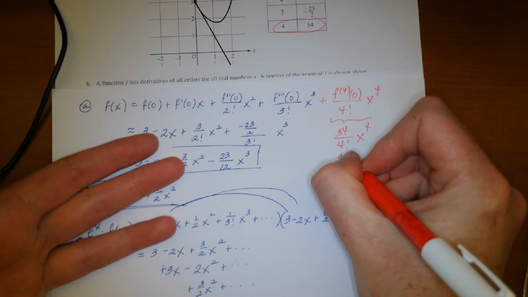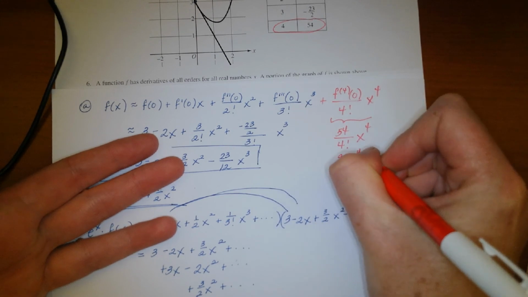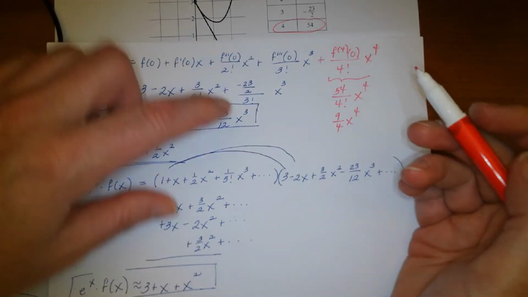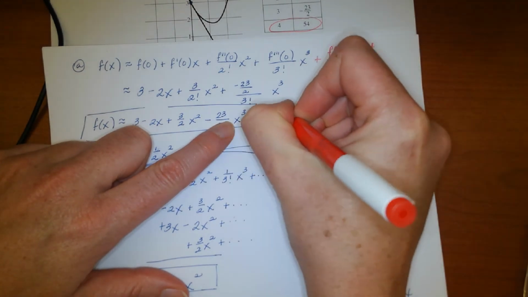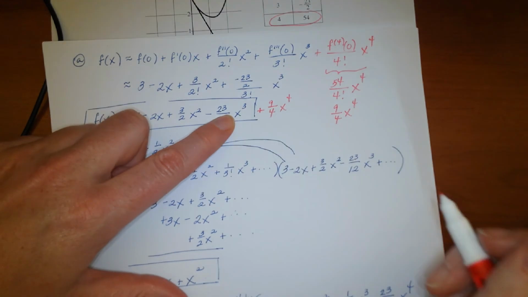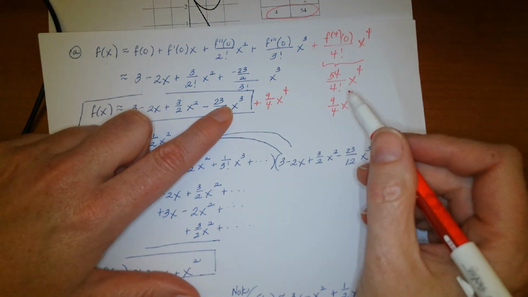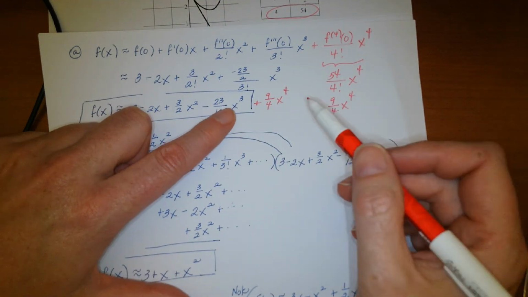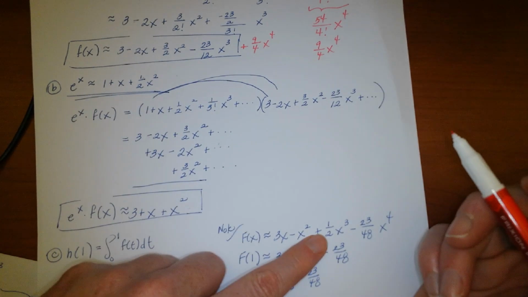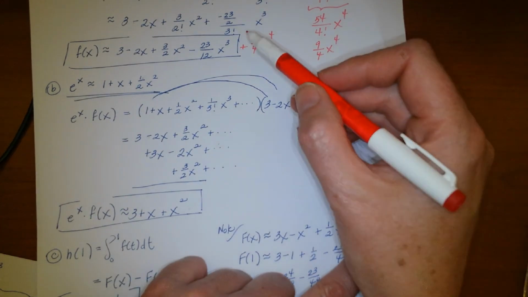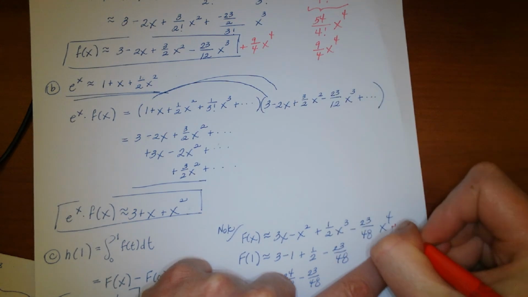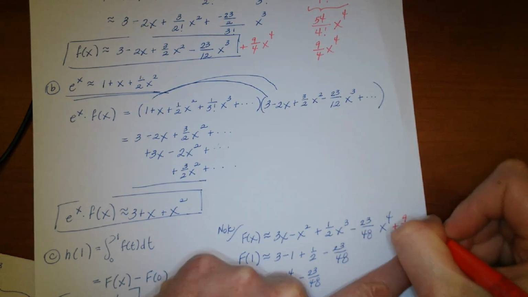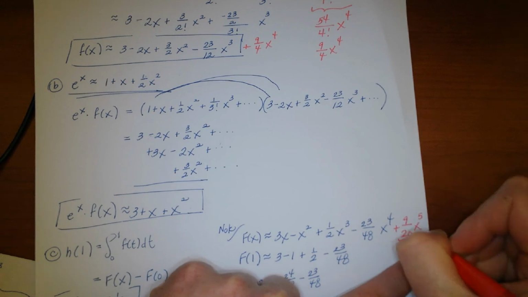You could cancel it down to be 9/4, like so. So if that would have been the first neglected term, did I do that right? I think so. Then what would the first neglected term have been of its antiderivative? So just do antiderivative, power rule that thing, and you would have gotten 9 over 20 x to the fifth. So this would have been your first neglected term.